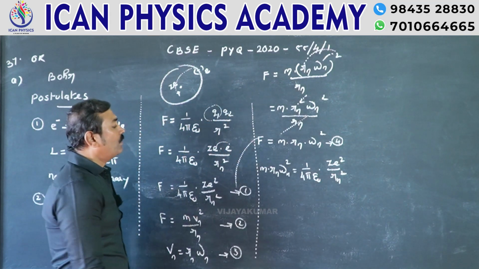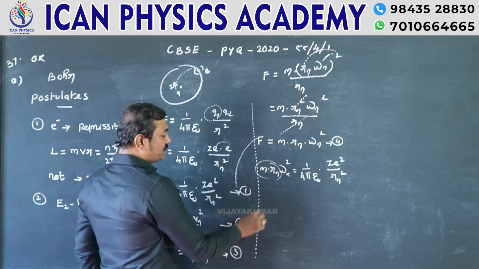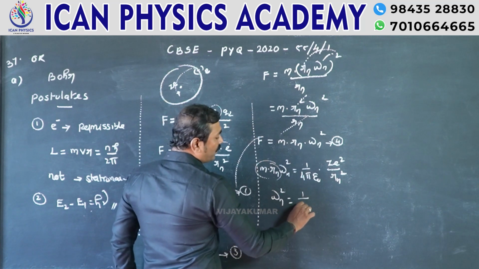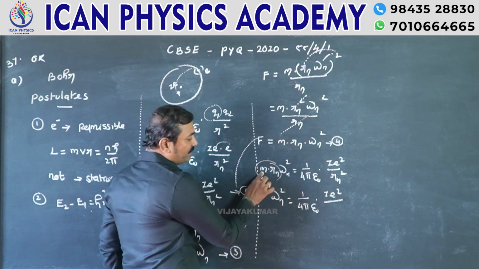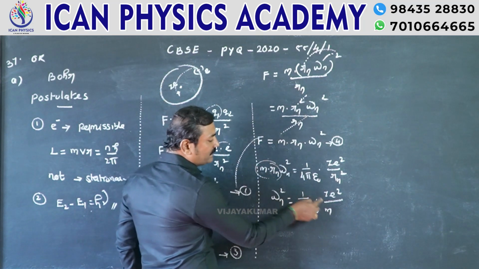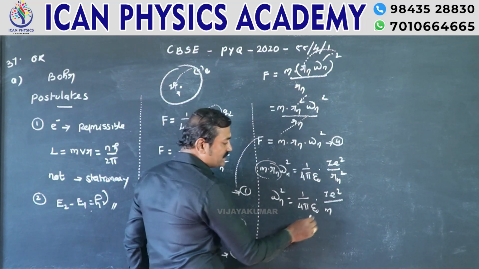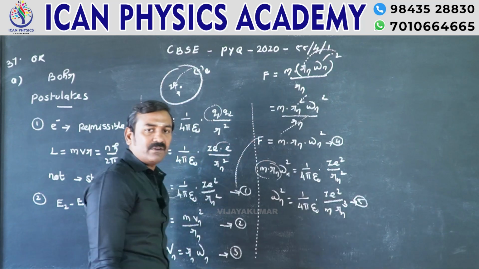Now the multiplication m Rn goes to the right side as division. So omega n squared equals 1 by 4 pi epsilon 0 Ze squared, divided by m and Rn, and already in that division we have Rn squared. So it becomes Rn cube. Now it's taken as equation number 5.